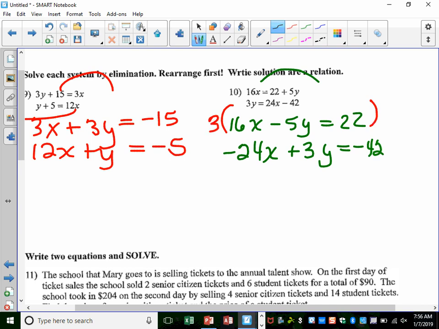If I want the bottom one to be a positive 15, I would have to multiply this by what? 5. So it's not going to be a situation where, like we just did those first few examples, where we only had to change one equation. Sometimes you might have to change both. So I want you to see that and not think that, oh, what happened? Because I can't only change one. You're right. Sometimes you might have to change both. Okay? So I'm going to leave that there.